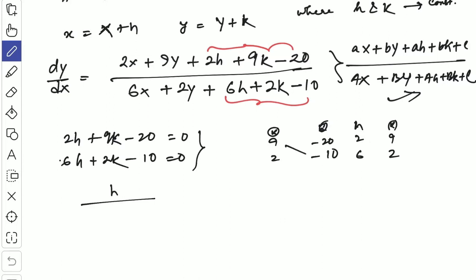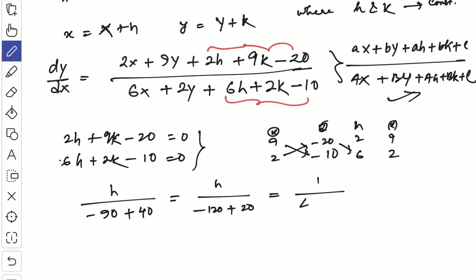h by 9 into −10, that's going to be −20 × 10... 90, and here plus this is 40. I hope you know how to solve linear equations. It's very simple. So −120, plus 20 here, is equal to 1 by 4 × 6 − 9 × 2... That's how you can solve.